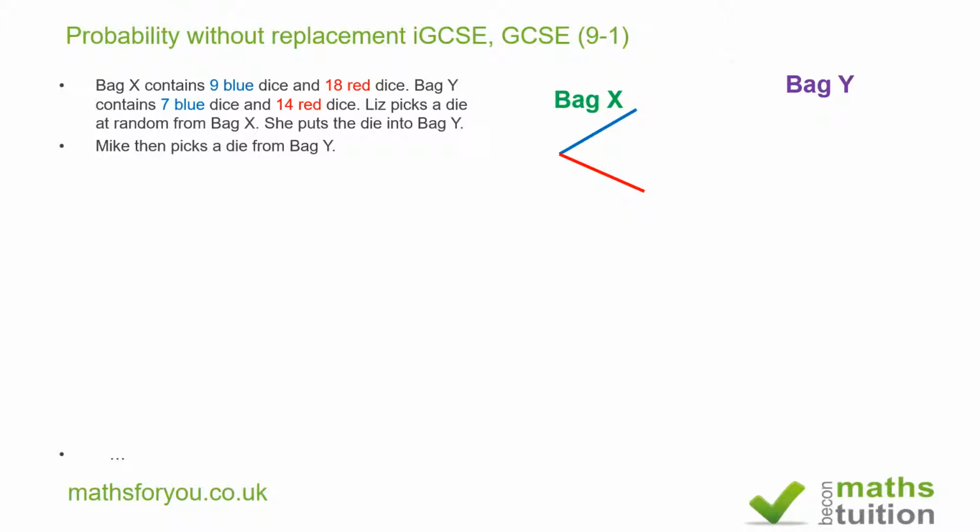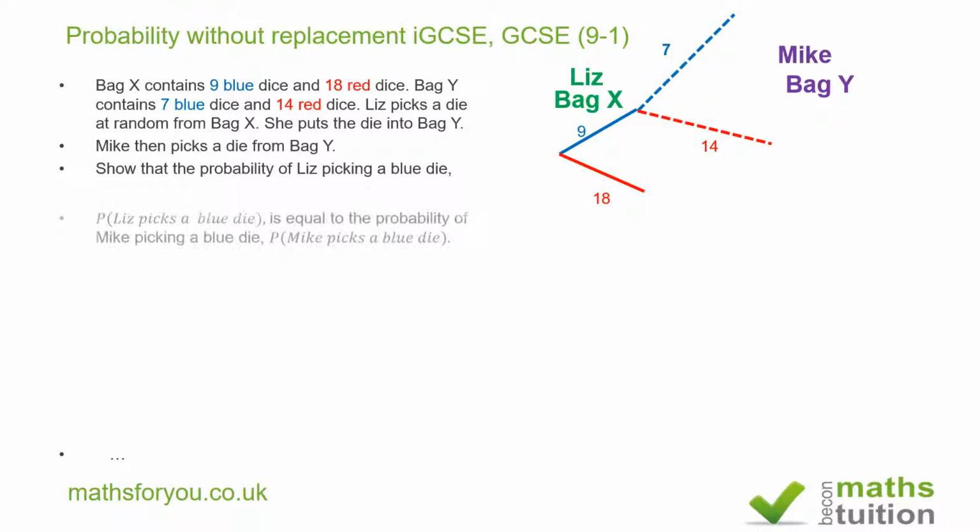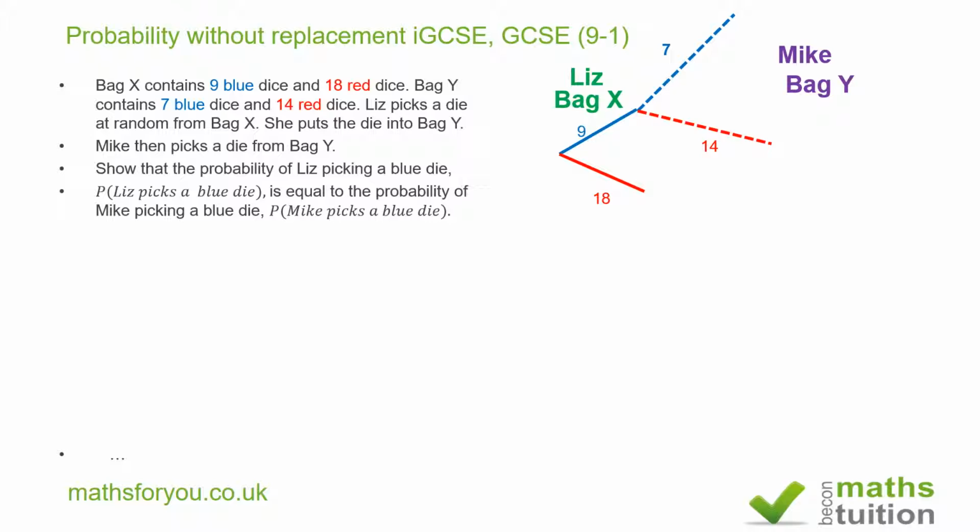Now, Liz picks a die at random from bag X, and then she puts the die into bag Y. Mike then picks a die from bag Y. The question then is, show that the probability of Liz picking a blue die is equal to the probability of Mike picking a blue die.